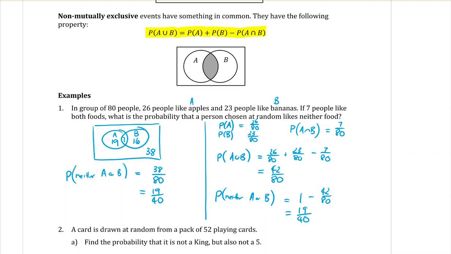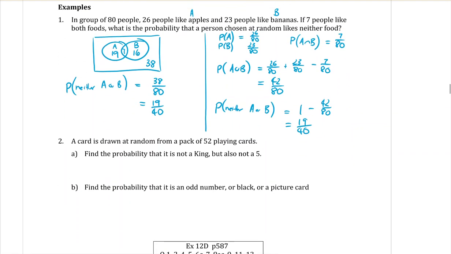Okay, question 2. A card is drawn at random from a pack of 52 cards. Part A, find the probability that it is not a king, but also not a 5. That sounds like a complement. If I can find the probability of a king or a 5, then not a king and not a 5 would be the complement of that, because these are mutually exclusive events.